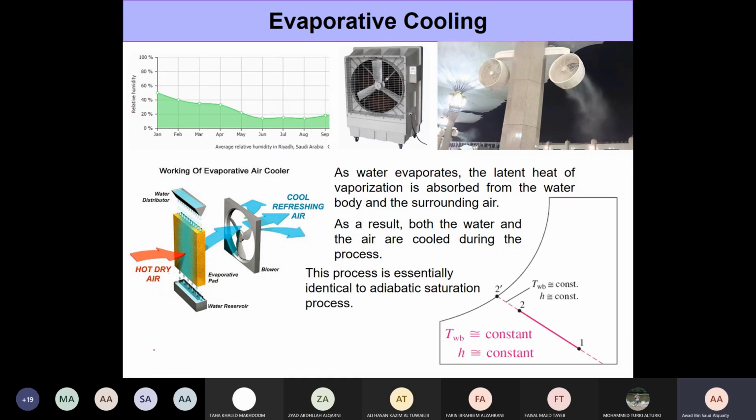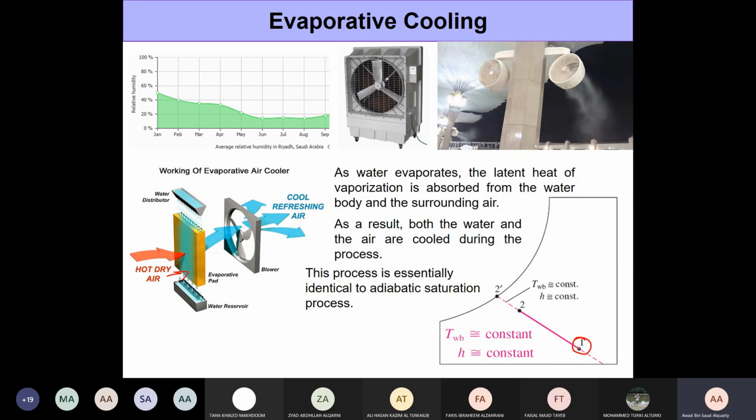Okay. Now, if you look at a psychrometric chart, this is how the process would look. This is the inlet of hot dry air here, T1, and as it goes through the evaporative pad, it rejects some heat essentially to the water that gets evaporated.